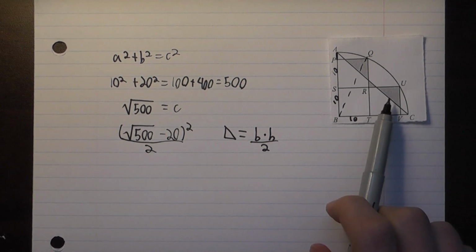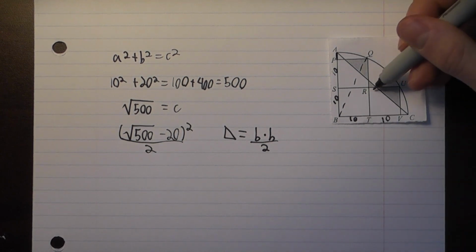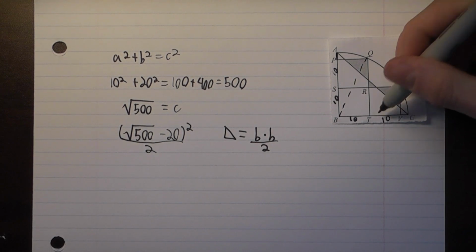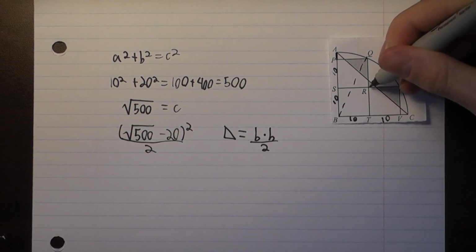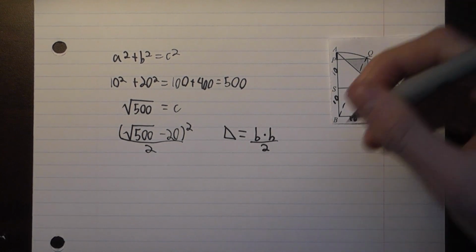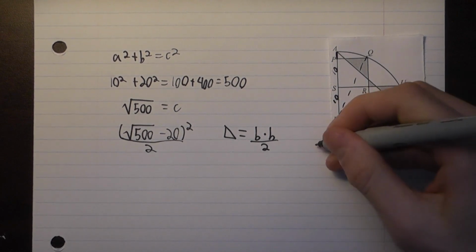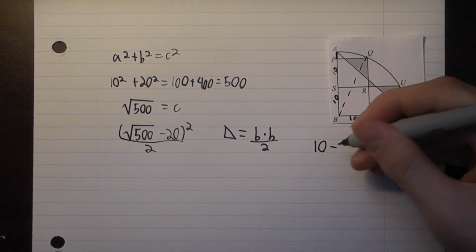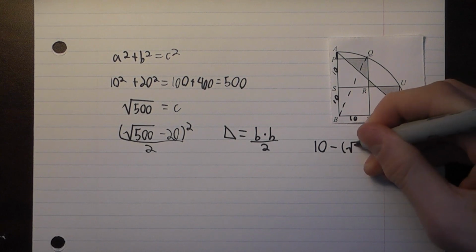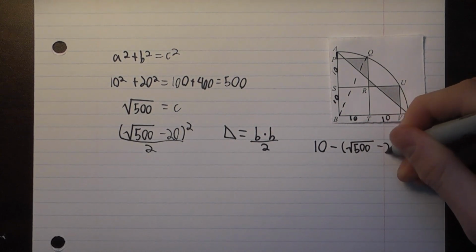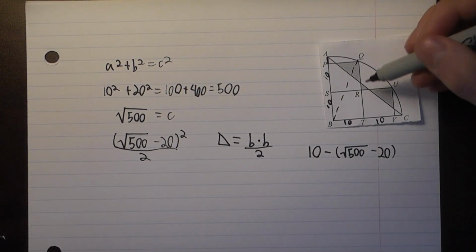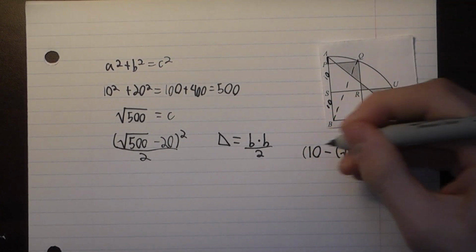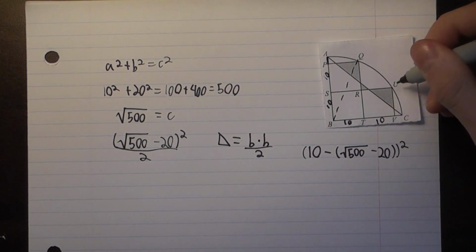Now to find the big triangles, we know that this edge length is square root of 500 minus 20. So since this whole length is 10, we can do 10 minus this edge length equals this edge length. So it will be 10 minus square root of 500 minus 20. And it's important that this is in brackets. So to find the area of this triangle, we need to square this, because it's the base and the height.